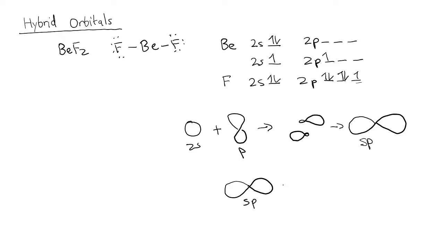So now what we can do is we can have interaction between the fluorine's p orbital and then the sp orbital of beryllium. So you can see we have overlap here, and we're able to form a chemical bond. So that's why when you have sp hybridization, you always get a linear shape.